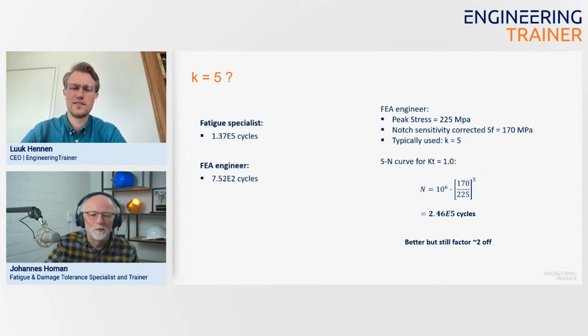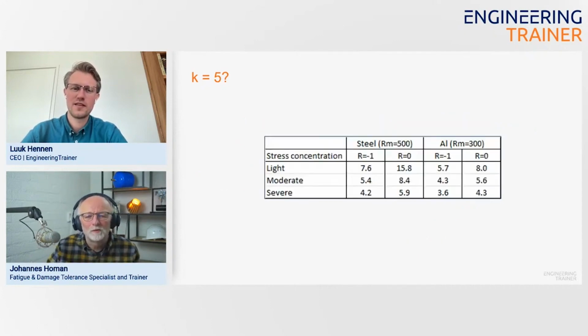In this example, that's quite easy. On the other hand, if you have a very complex geometry, a very complex structure, where you cannot easily calculate what the Kt is and not very easily define what your nominal stress level is, then you will end up with a calculation with local stresses. And then you have to think a bit more about what k value, what exponent you use.